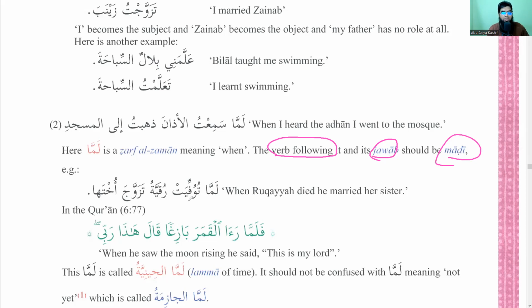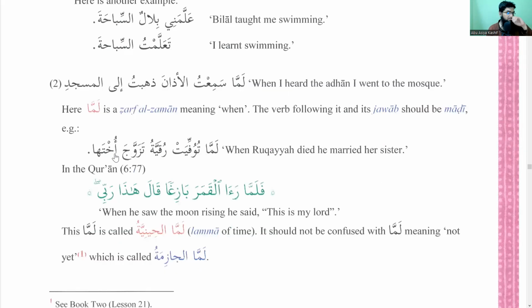Tawaffa yatawaffa, tuwfiya, majhul. When Ruqayya passed away, madi, majhul. Tazawwaja ukhtaha, he married her sister. Uthman radiallahu anhu, when Ruqayya radiallahu anha passed away, he married Kulthum, her sister. So two madis.